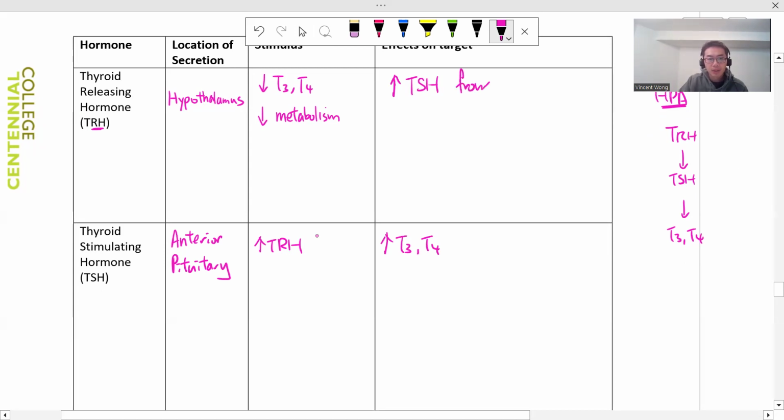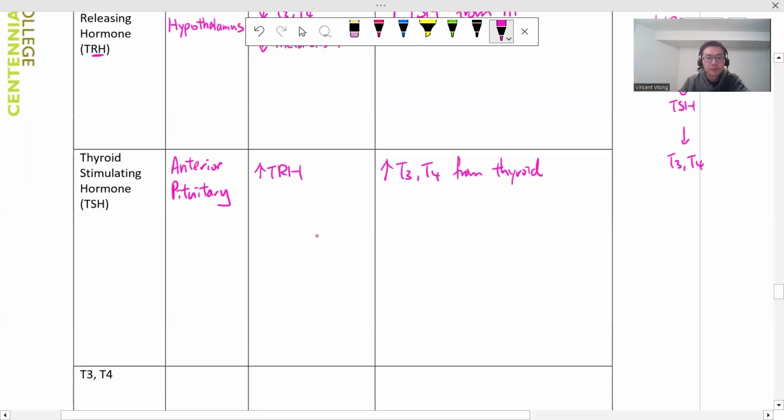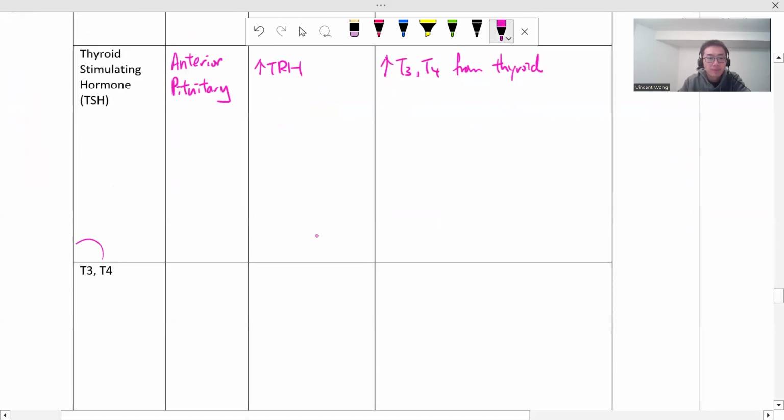Okay, we can say what the target is. This is from AP. This is from thyroid. Now we have T3 and T4. They are from the thyroid. And the stimulus is like the previous thing, increase in TSH.